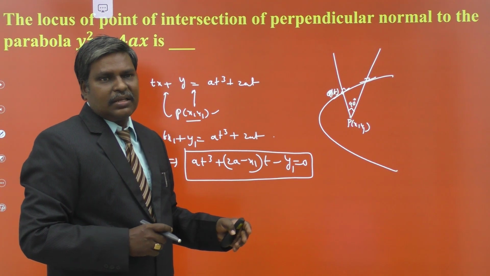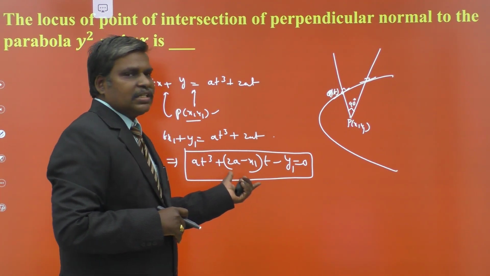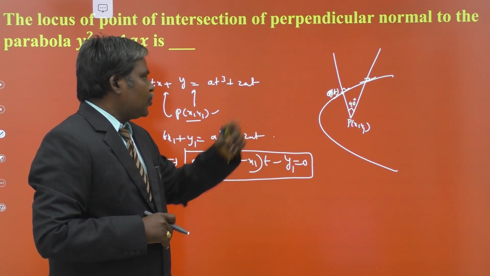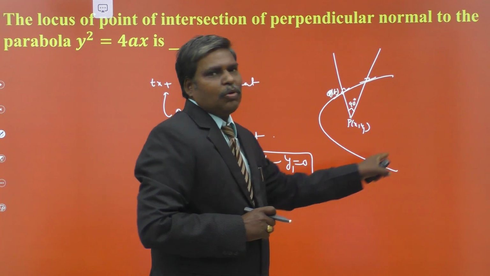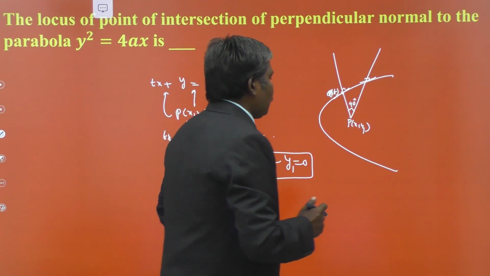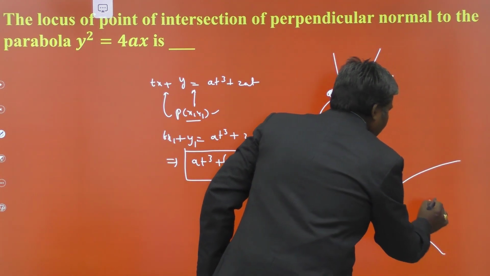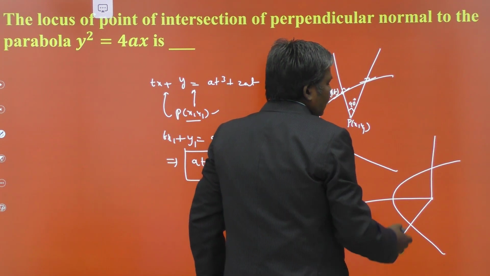So many cases are there. Therefore, the maximum number of real roots is 3, and at most 3 normals can be drawn from the given point to the parabola. That is the meaning. If you take that point and draw the normals, the maximum number of normals is 3.